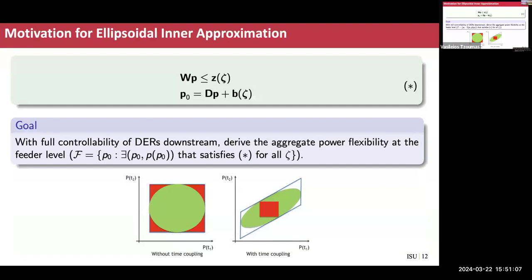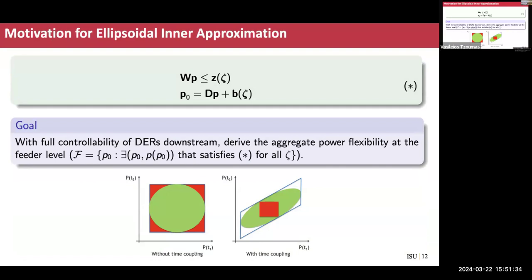Okay, so we'll have this model at our disposal. Our goal, formulated mathematically, is, with full controllability of DERs downstream, that is, we have full controllability of this P, and this P can vary within this feasible region characterized by this inequality constraint, all we're trying to do is derive the aggregate power flexibility.